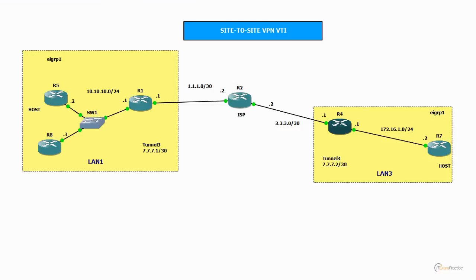We are going to set up a site-to-site VPN using VTIs. Well, it has been done already. I'm going to show you that in GNS3, and of course I'm going to share this file with you as well. You can open it on your PC and see how it's done.